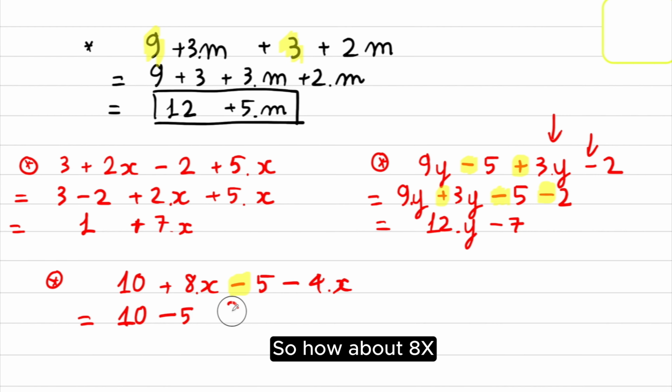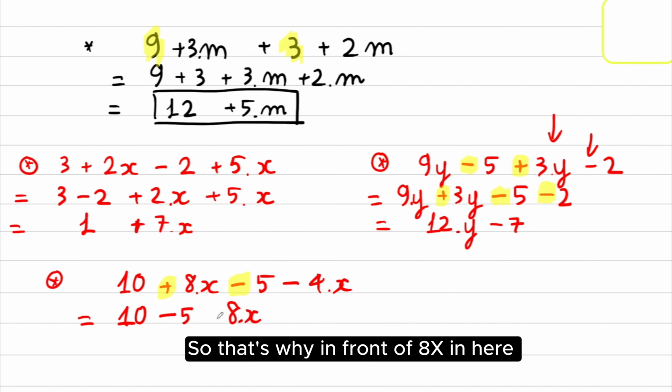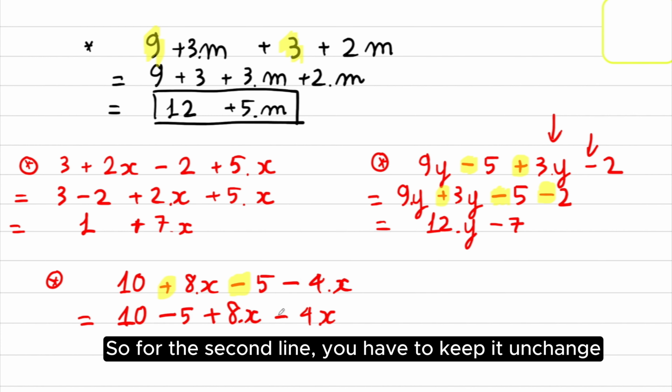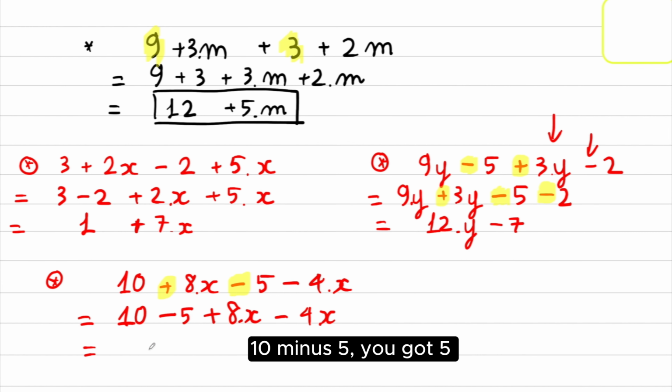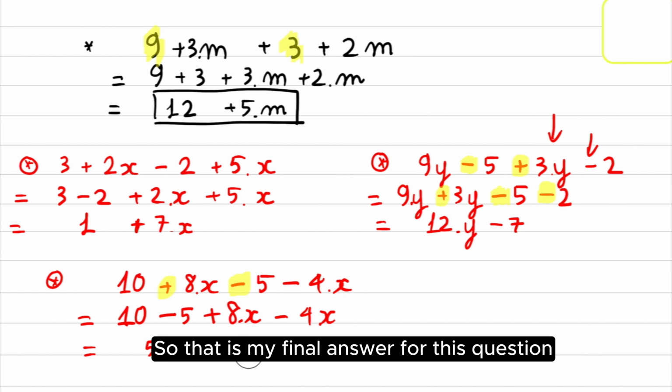How about 8x? In front of 8x you have plus. So in front of 8x here you have to put plus again. The next term is minus 4x. You have a minus sign in front of 4x. So for the second line you have to keep it unchanged. Okay, 10 minus 5 you get 5, and 8x minus 4x means plus 4x. So that is my final answer for this question.